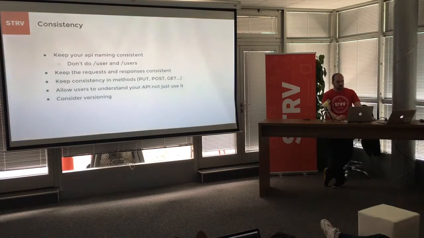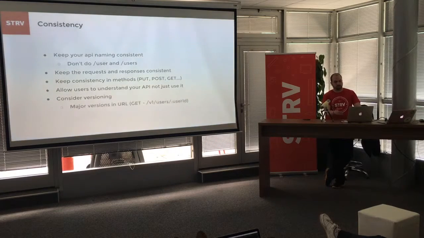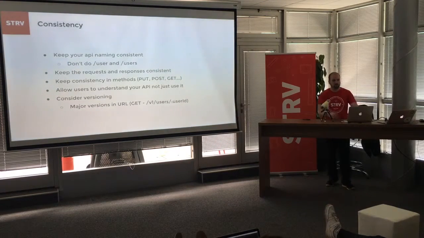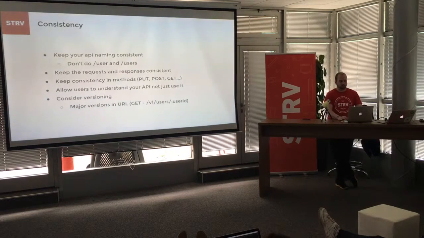And also when you are doing a bigger project or you expect that your project will change a lot, then consider versioning and include the version in the prefix of your URL. So for example, like this. This will allow you to do new releases of your API very easily. You don't need to force the users to switch, and also all the users will know that they are now using version 1.